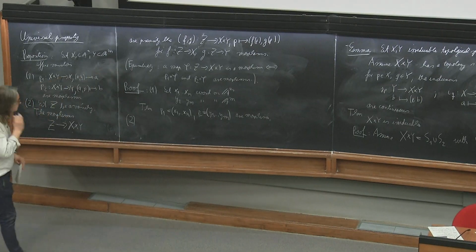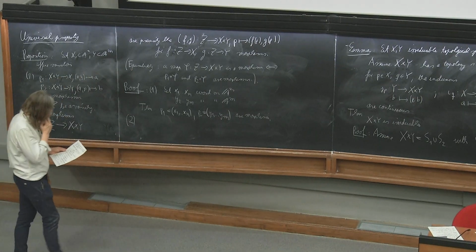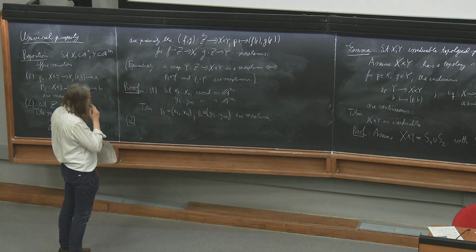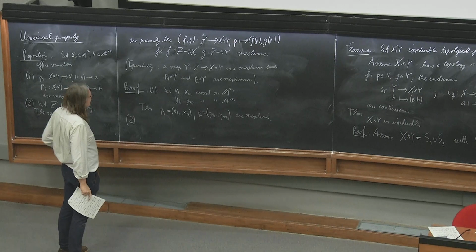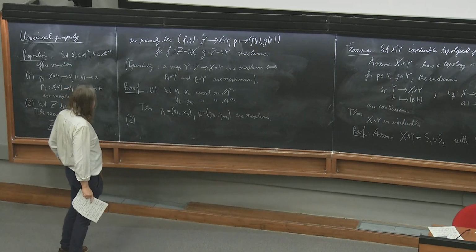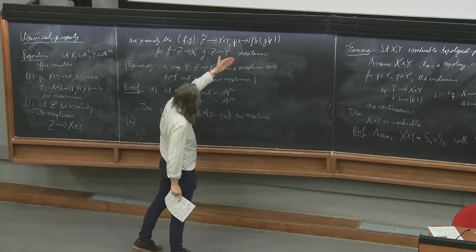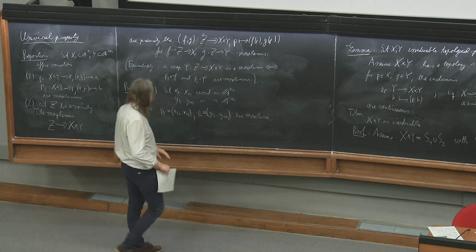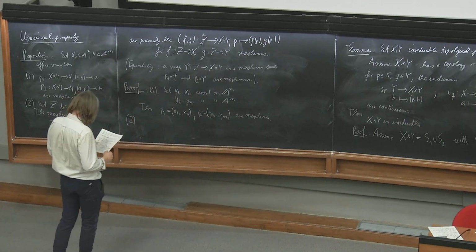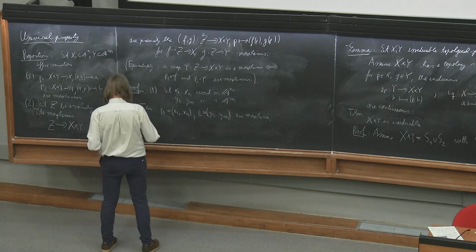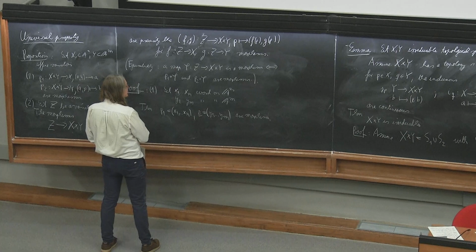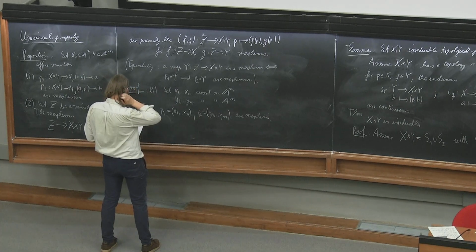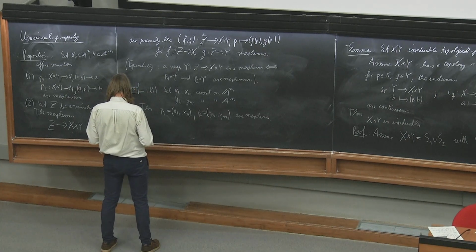Now, the second statement. Obviously, there are two things to see: that these maps are all morphisms, and that all such maps are morphisms. One of these directions is kind of trivial, namely that these are all morphisms.